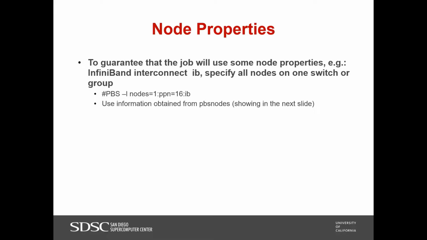So here is an example for you to prepare a job that will ask for InfiniBand connect. So how do I find out those node properties?